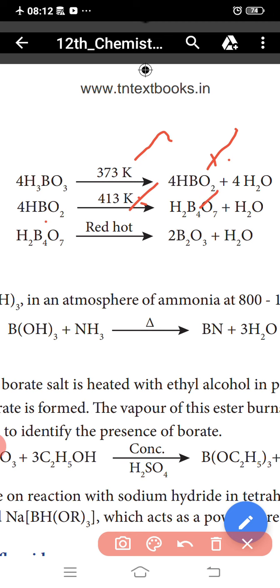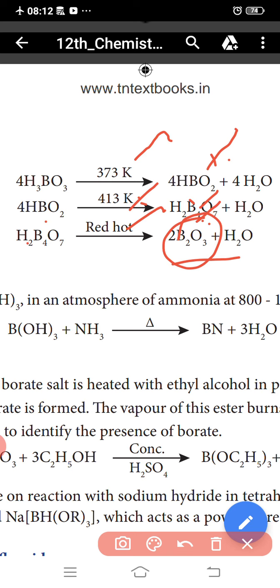The tetraboric acid heated to red hot gives boric anhydride, which is a glassy mass. This is the boron oxide. This is the action of heat: as the temperature is increased to red hot, the last product is boron oxide.